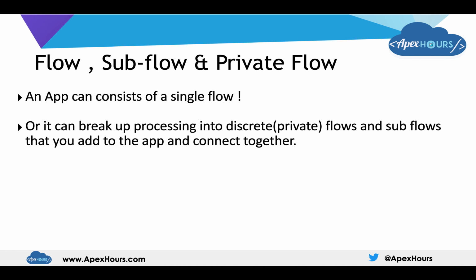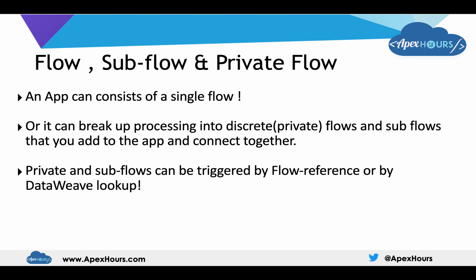For example, you have a logic where you have to add two numbers, subtract two numbers, divide two numbers and multiply two numbers, right? So all these operations, we can have in multiple flows, or you can have them in a single flow, but we should have some flows at least within our applications. Okay, and private flows and subflows can be triggered only by flow reference or by DataWeave lookup.